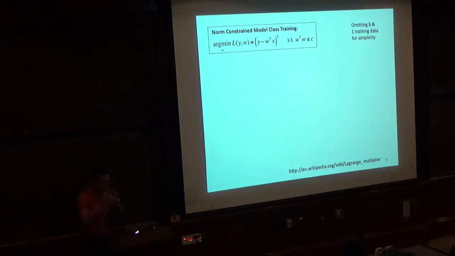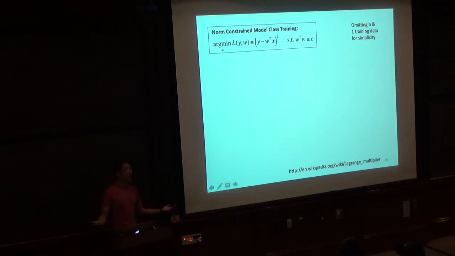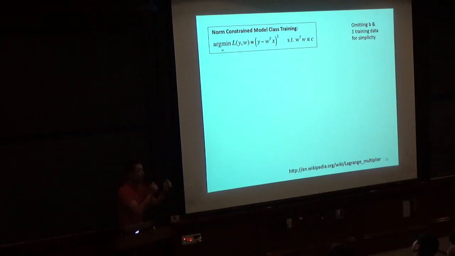Okay, so we have this norm-constrained model class training that we've just looked at. This looks a lot like the kind of learning problems that we're familiar with, right? We choose a function class or a model class, and within that model class, we want the minimum training loss model. So what does that mean here?